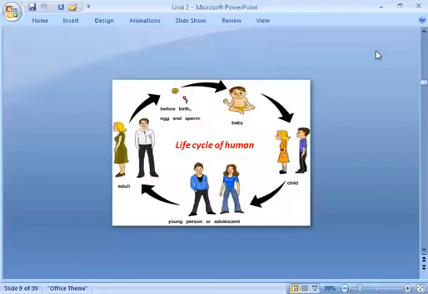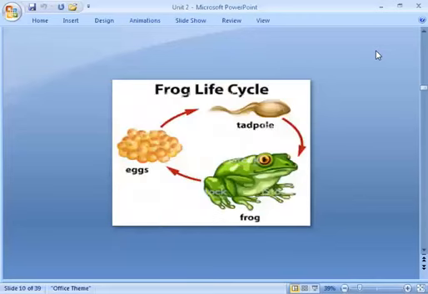Students, here is a life cycle of human that starts from baby, to child, to adolescence, to adult. Here is a life cycle of frog. Life cycle of frog starts from egg, to tadpole, to frog.